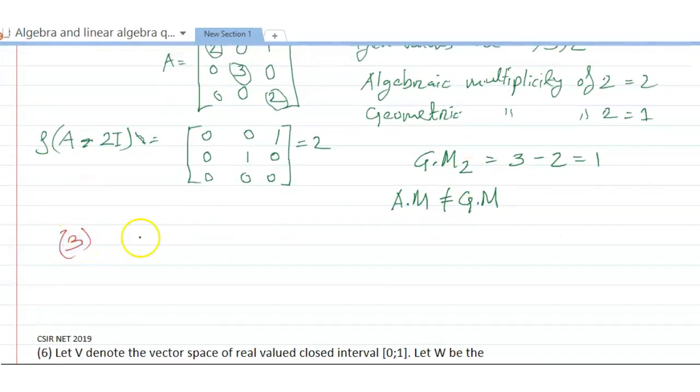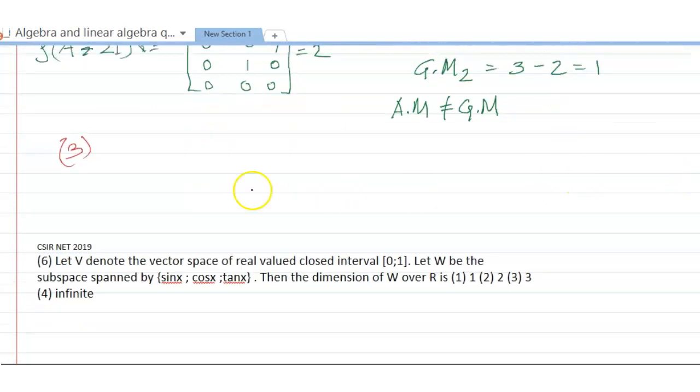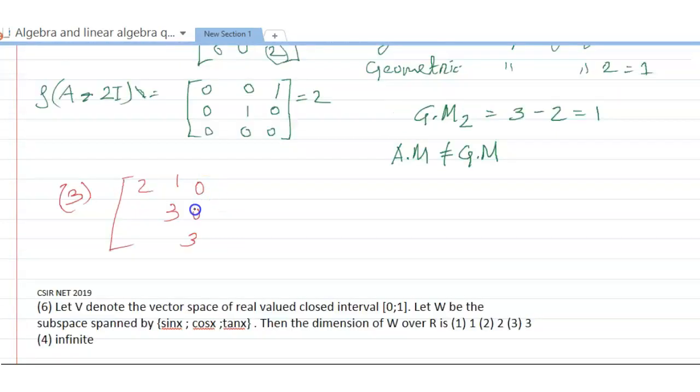Number 3. Here I get the matrix with entries 2 1, 3 3, 0 0 0 0 0, and the eigenvalues are 2, 3, 3.